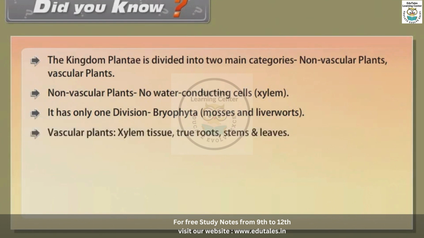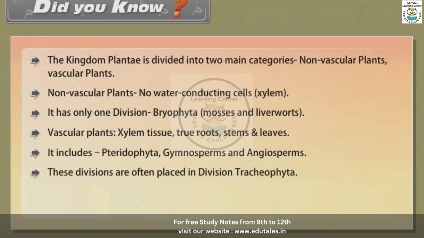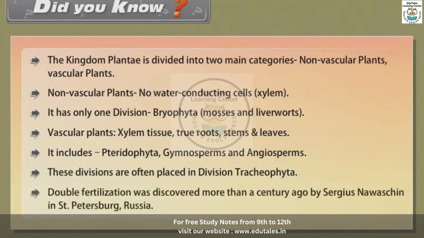Vascular plants have xylem tissue, true roots, stems and leaves. It includes pteridophyta, Gymnosperms and Angiosperms. These divisions are often placed in division Tracheophyta. Double fertilization was discovered more than a century ago by Sergius Navashin in St. Petersburg, Russia.